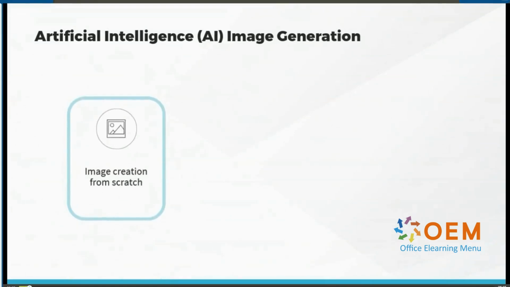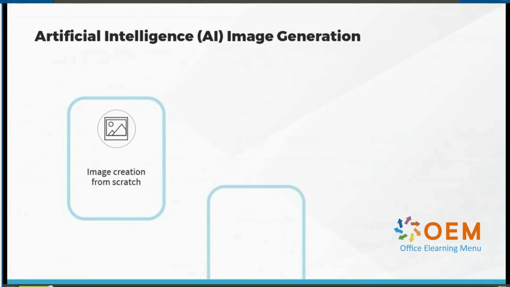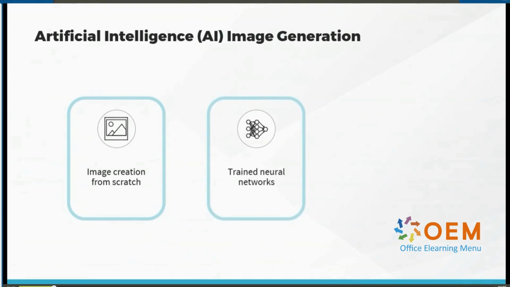In this video, I'm going to talk a little bit about artificial intelligence, AI specifically, in the context of image generation, as well as its significance. So what's actually happening when we use an AI image generator such as DALL-E is that we're creating images from scratch. And what's actually happening is we're utilizing trained artificial neural networks to create these images. These neural networks are just learning a sample of data, a statistical sample of data that we've used as our training set.